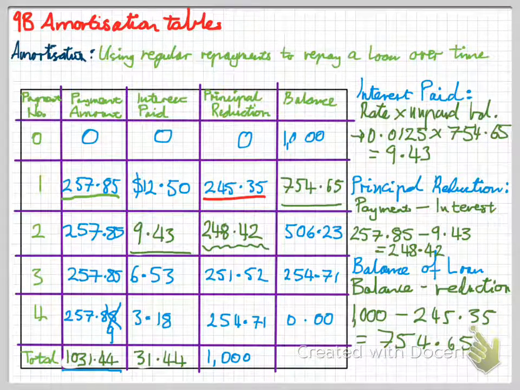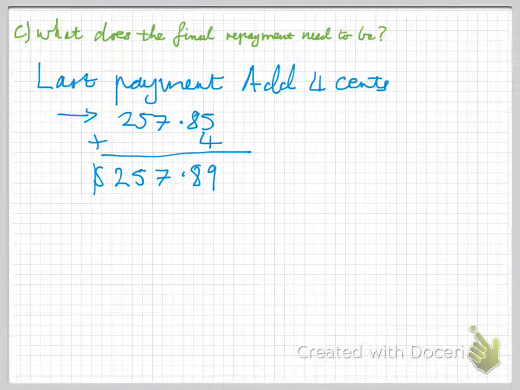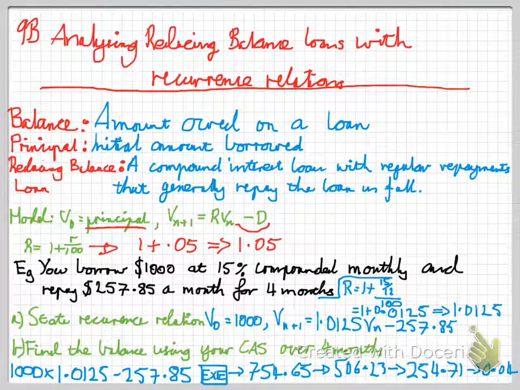So that is amortization tables, as well as looking at the analysis of reducing balance loans with recurrence relation. Just skipping over it again, we've got the recurrence relation that we can write, which is similar to combining geometric growth and decay.